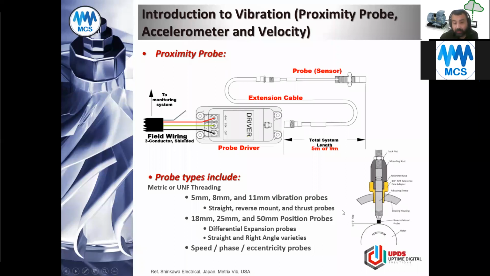There are actually two types of proximity probe: the straight mount and the reverse mount. Later on, we can discuss the difference in detail during the courses. But this is actually the shape of the reverse mount sensor, where we can control the provision by controlling the thread and the gap.